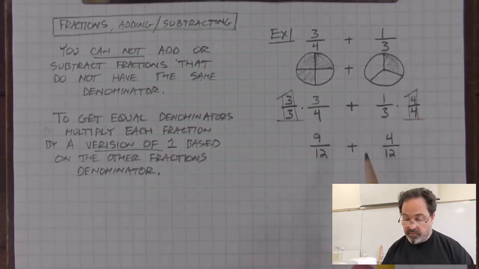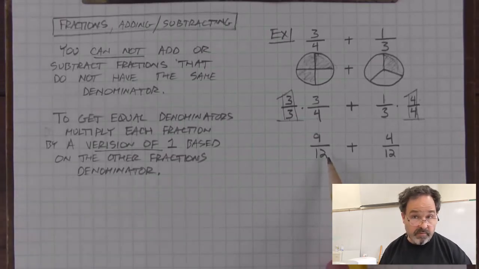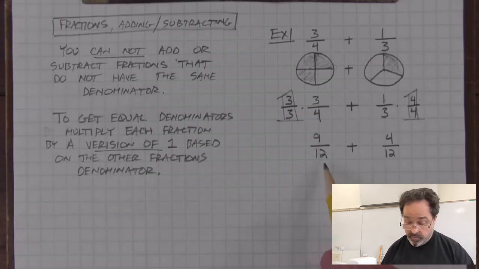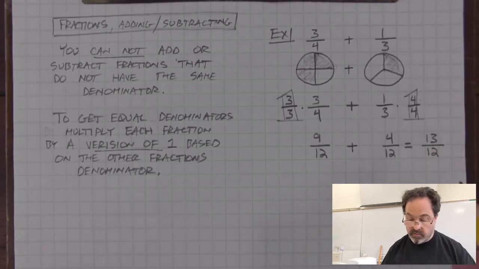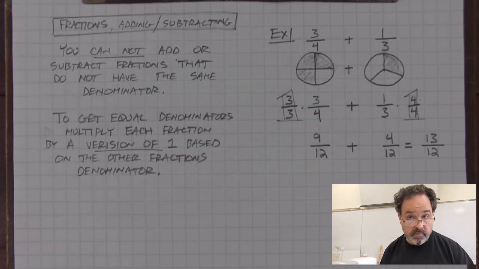By multiplying each fraction by a version of 1, I made the problem into a fraction addition that had the same denominator. Now that we have the same denominators, we can add them. 9 and 4 is 13, and the denominator is 12.